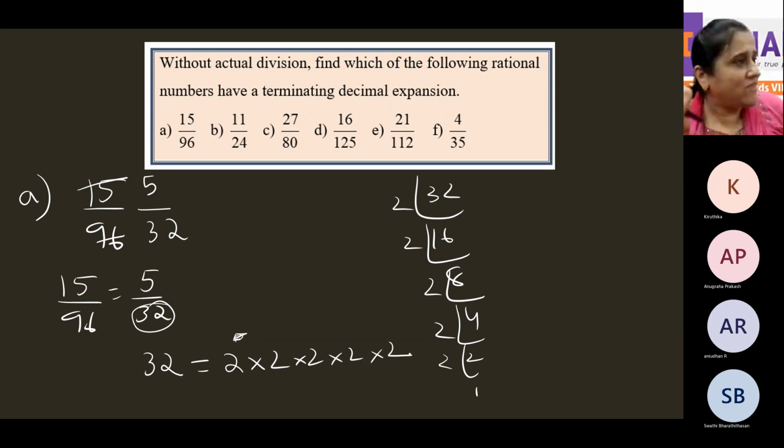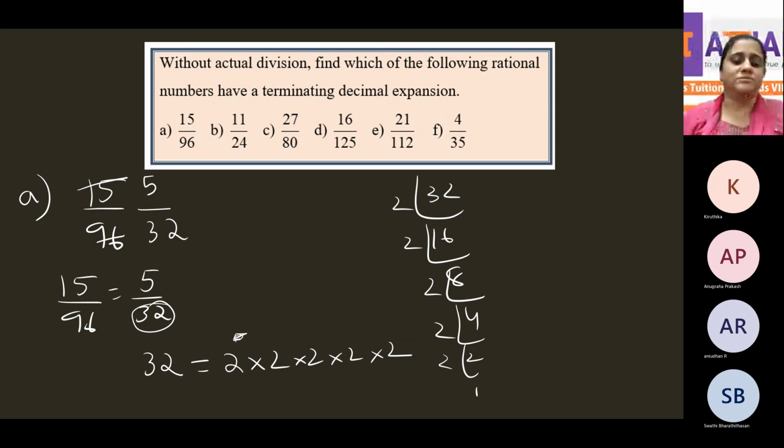Now, in the prime factorization of the denominator, if you see only 2 and 5, or either 2 or 5, or both, it can be only 2s, only 5s, or 2s and 5s. But no prime factors other than these. The prime factorization of the denominator can have only powers of 2, or powers of 5, or powers of 2 and 5.